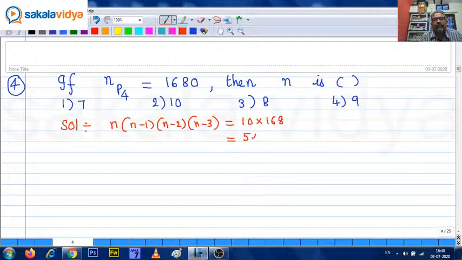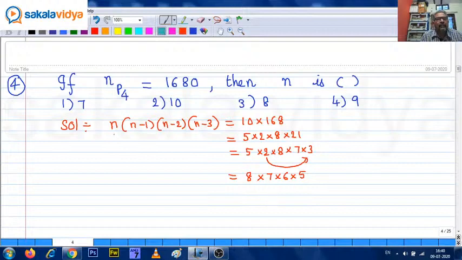Next 5 into 2, this is 8 into 21. Next 5 into 2 into 8 into 7 into 3. See the combination: 2 into 3 is 6. This can be written as 8 into 7 into 6 into 5.